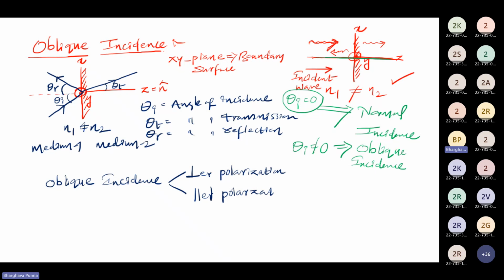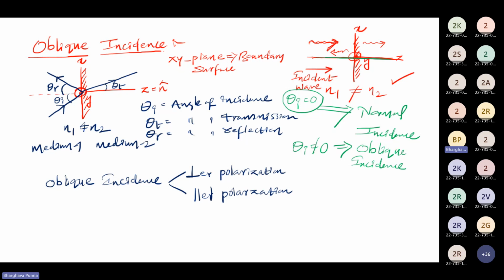In these two polarizations, the electromagnetic wave is making some non-zero angle with the normal to the interface, so these two come under oblique incidence only. But what is meant by perpendicular polarization? What is meant by parallel polarization? That is what we have to see. In our polarization topic, polarization was defined with respect to the electric field.